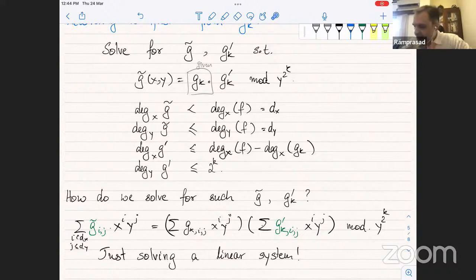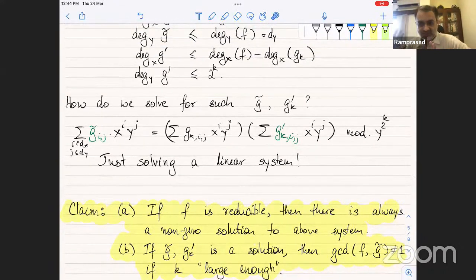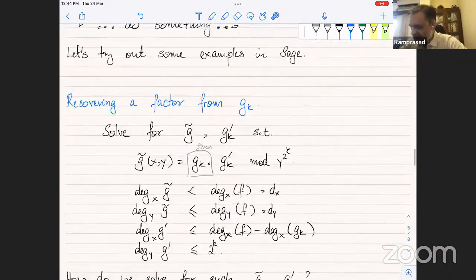Okay. So maybe just to go over it, let me write down this claim, because this is what is going to happen. What we need to do to complete the proof of the bivariate factorization. By the way, the algorithm is just this.